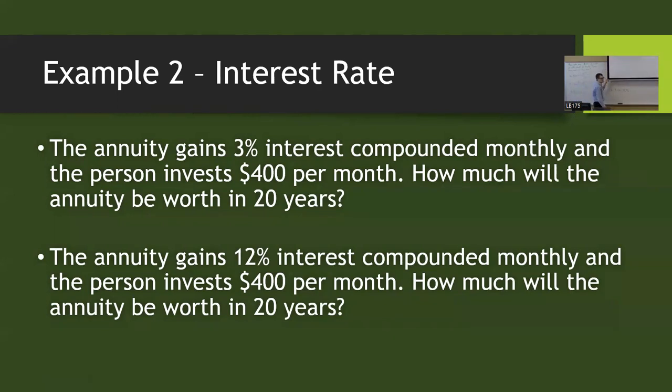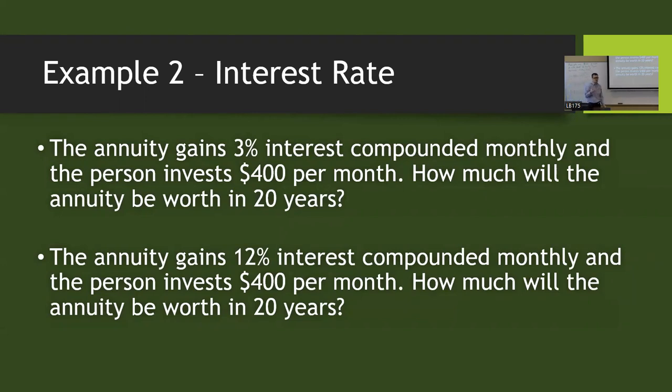Let's do one more example of comparing annuities. But this time we're going to change the interest rate. We're going to go from earning 3% interest compounded monthly to earning 12%.